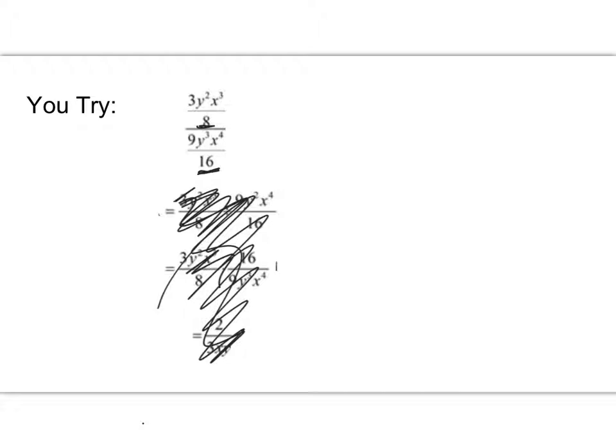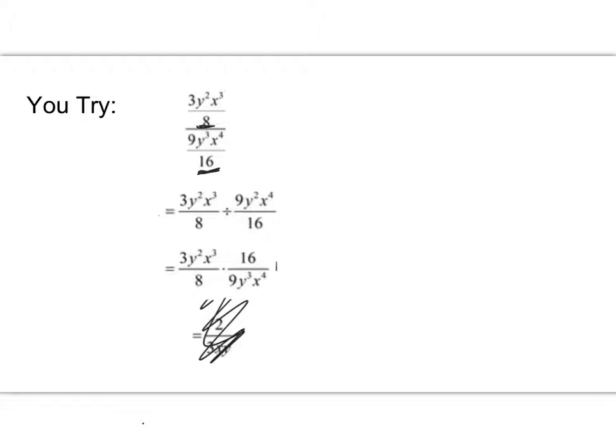Now, if you rewrite that as first a division problem, I guess, I probably would jump ahead, but maybe you shouldn't. And then you reciprocate and turn it into multiplication. And then you can cancel out.